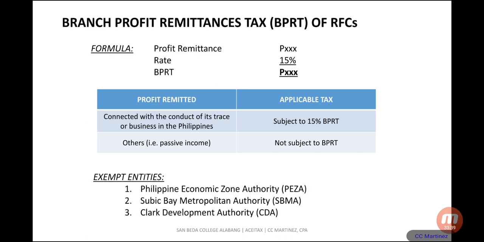So, other exempt entities are PEZA, o yung mga corporations under SBMA or yung Subic Bay Metropolitan Authority and Clark Development Authority. So, yung mga companies kasi or mga corporations na nandyan sa mga special economic zones na yan is parang considered siya na located sa ibang bansa. So, parang ganun. Okay, so that's the end of part 3.